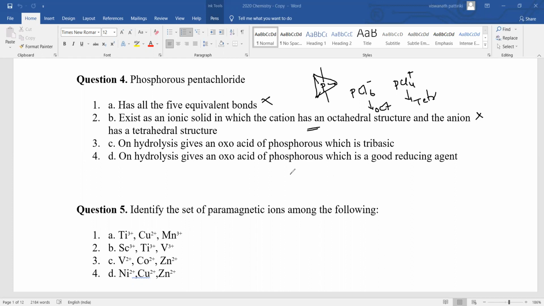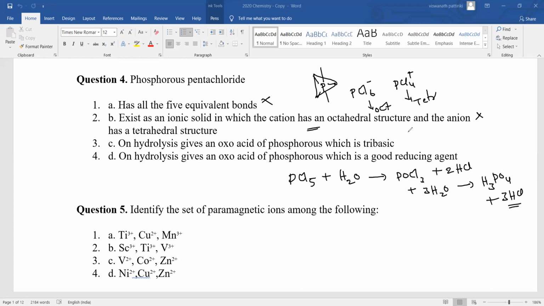And on hydrolysis it gives an oxo acid of phosphorus which is tribasic. So PCl5 plus H2O gives rise to POCl3 plus 2 moles of HCl. This POCl3 again combined with 3 moles of H2O produces H3PO4 plus 3 moles of HCl.